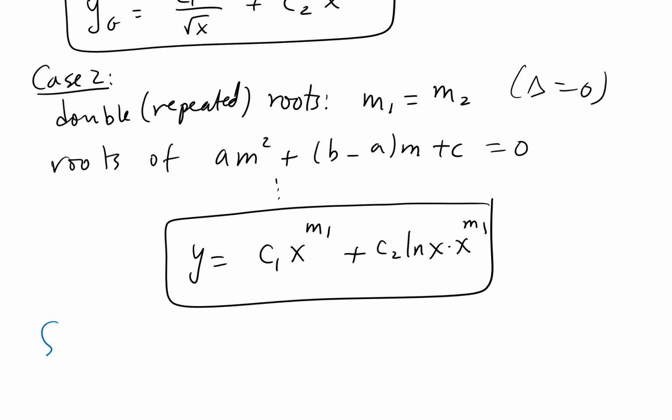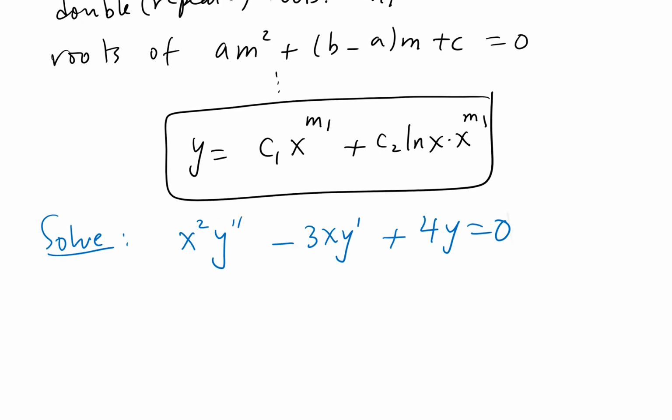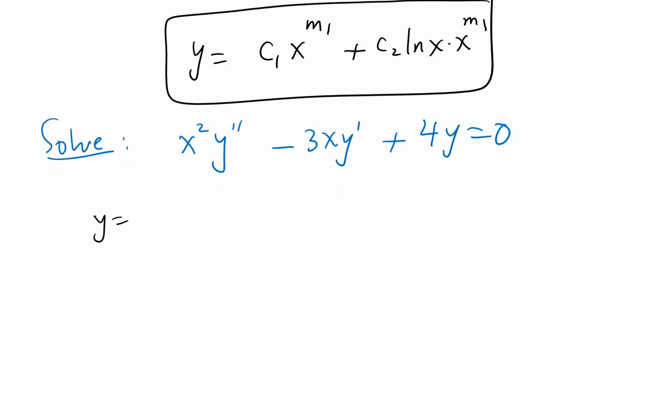So how do we apply it? Let's try to solve this differential equation: x squared y double prime minus 3xy prime plus 4y equals 0. So we have y equals x to the m. Y prime is m x to the m minus 1. Y double prime is m times m minus 1 x to the m minus 2.